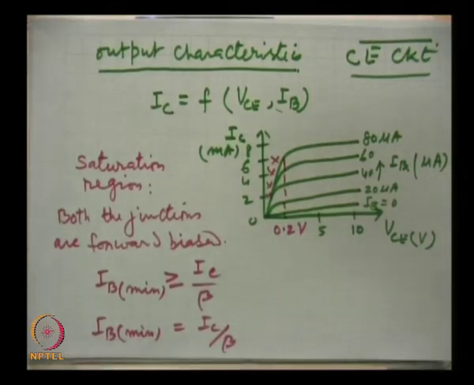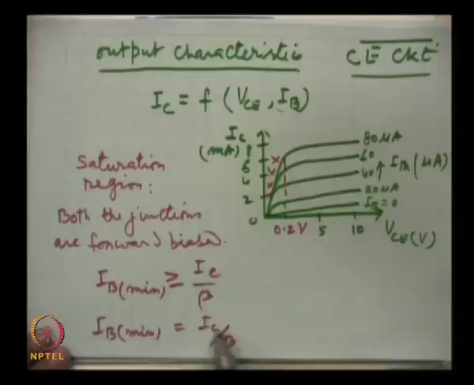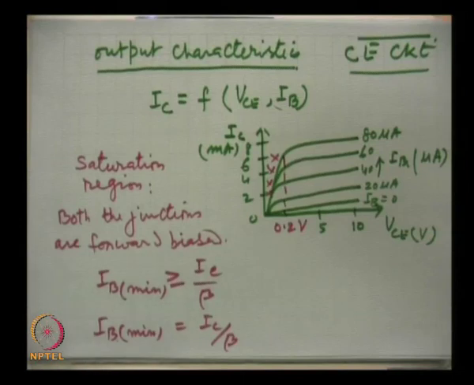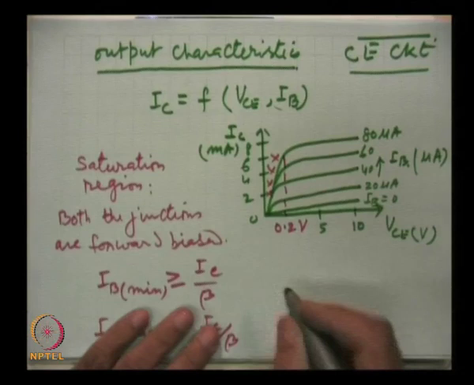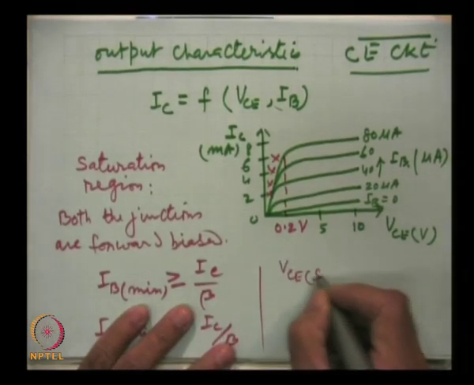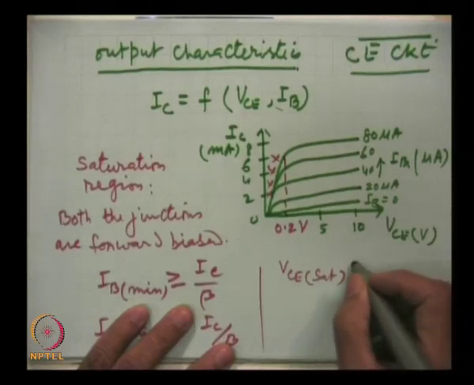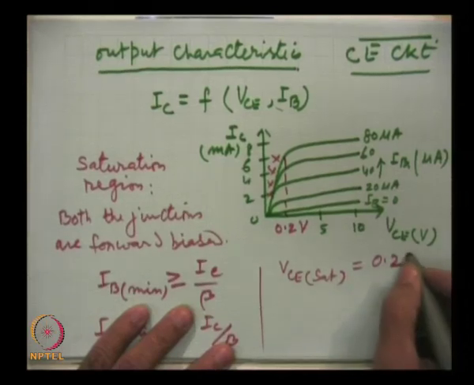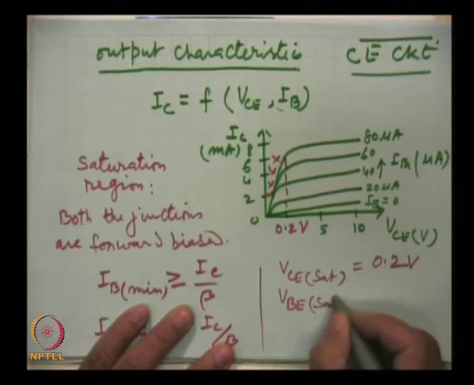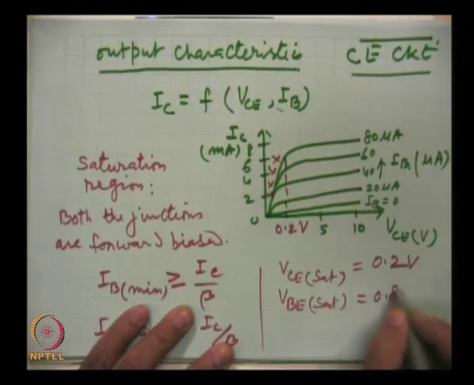We can find out the currents. We will take one example how to find out the currents in a circuit, and then this condition can be applied to see whether this is in saturation. And the values of saturated voltages, which are also important: VCE sat in saturation for a silicon device is 0.2 volts, and VBE in saturation is 0.8 volts.